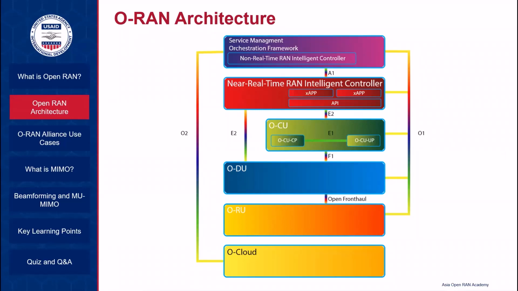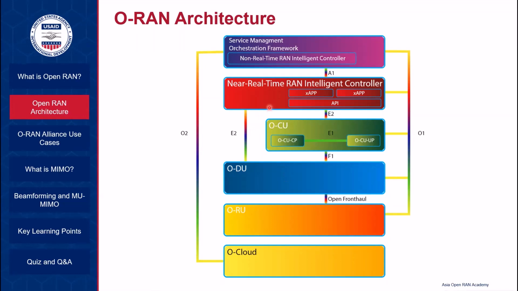So si near real-time RIC naman, ang ine-enable naman nito is mga real-time control and optimization. Okay? So it has a direct control sa ating O-CU, centralized unit, at distributed unit. So anything na mga activities or services within or less than 1 second or from 10 milliseconds to 1 second ay hinahandle ni near real-time RIC.